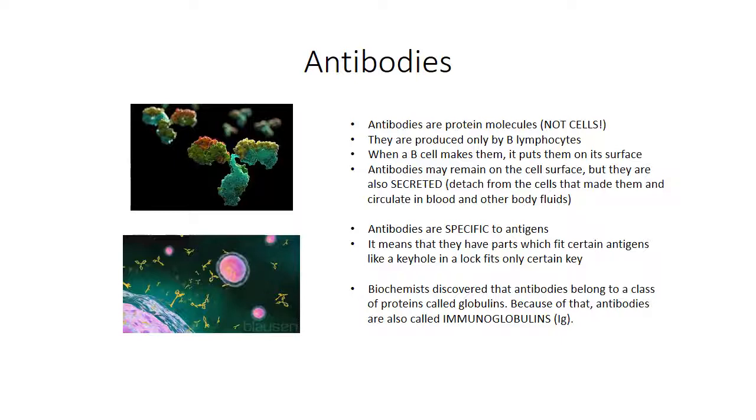And in humans, there are five classes, five kinds of these Ig molecules, termed with different capital letters of the Latin alphabet. Like there are IgE antibodies, which specialize in allergic reactions.